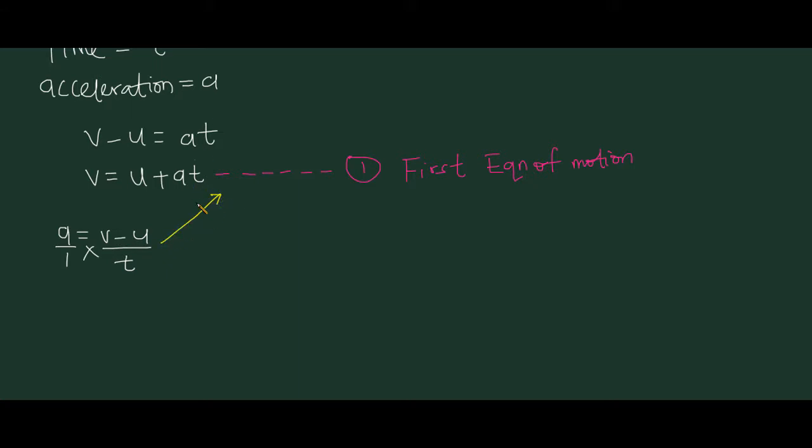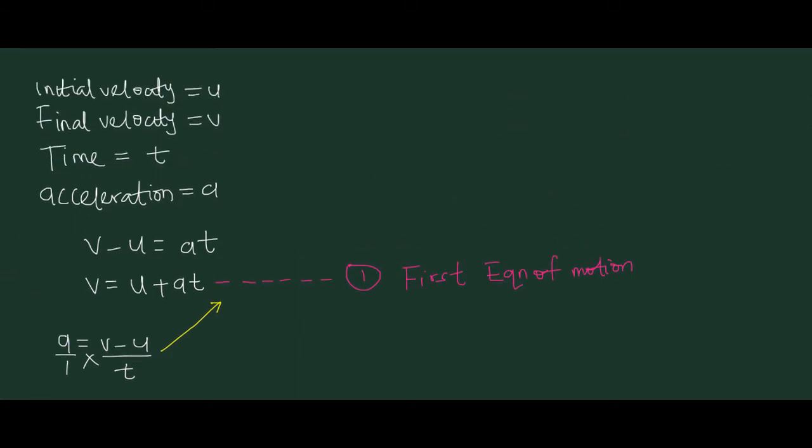So this is another way of looking at it, but we can see that v minus u, this whole term, is the increase in velocity.